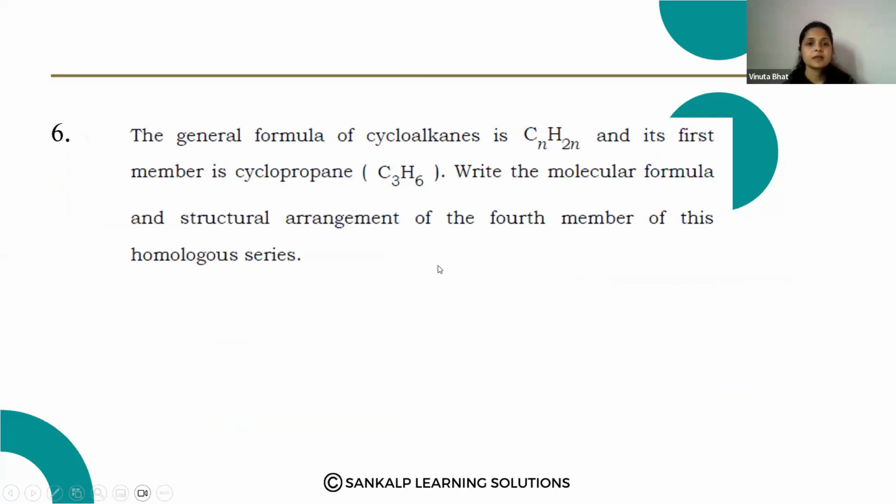Next question. The general formula of cycloalkane is CnH2n and its first member is cyclopropane, that is C3H6. Write the molecular formula and structural arrangement of the fourth member of this homologous series.